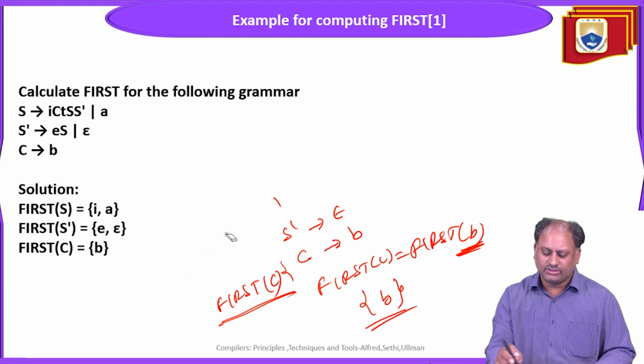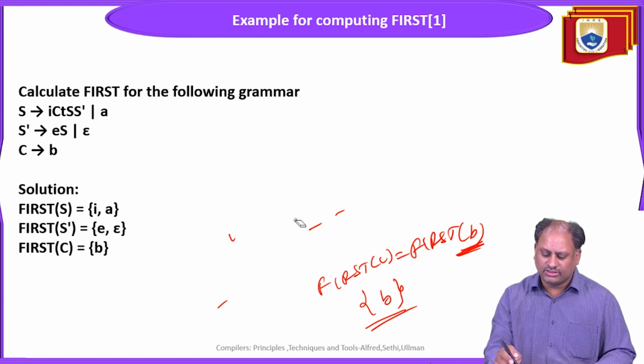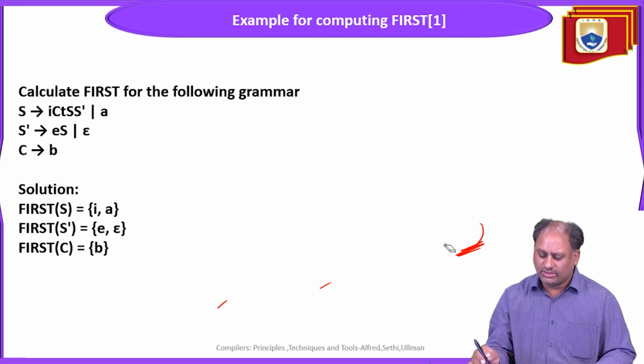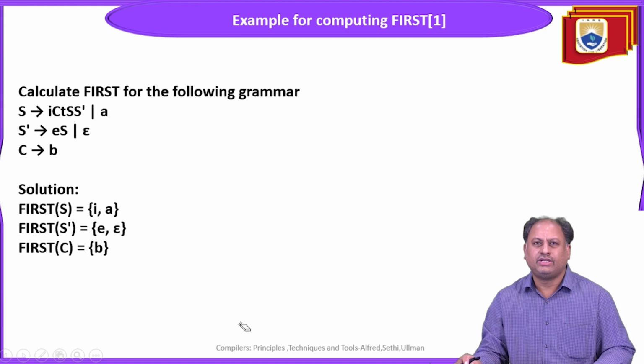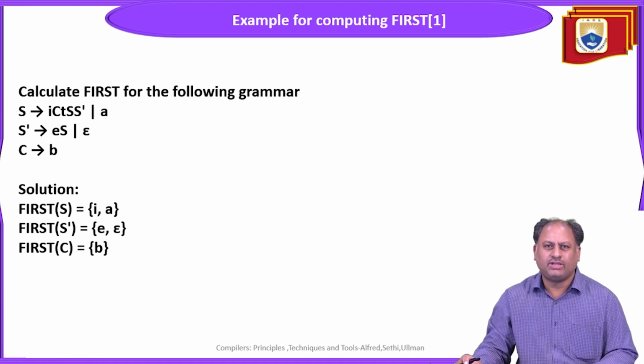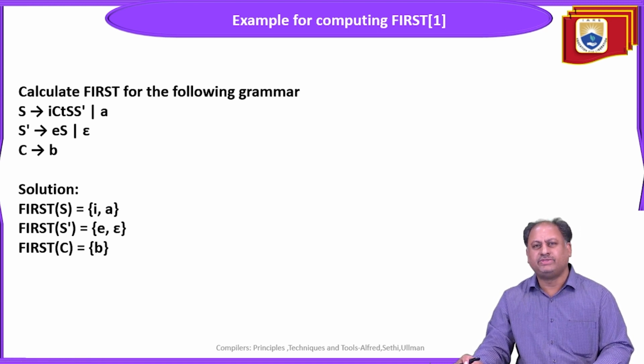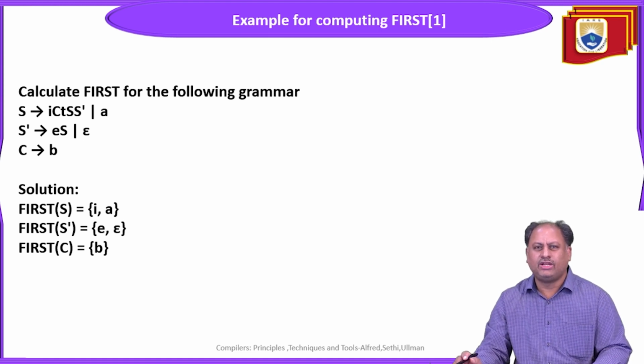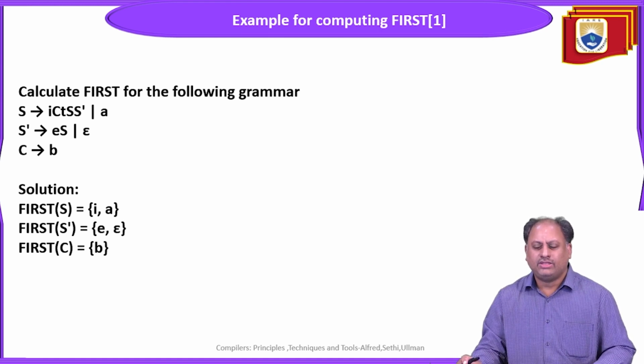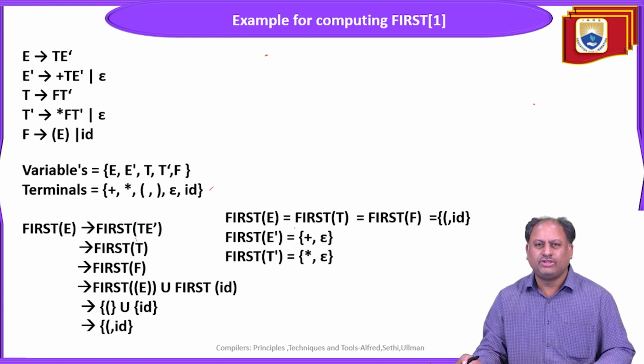In this example, this is the second example. It is very easy to identify the first rule, whether it is a terminal, non-terminal or epsilon. Only three cases. If it is a terminal, then we include that symbol as the result.